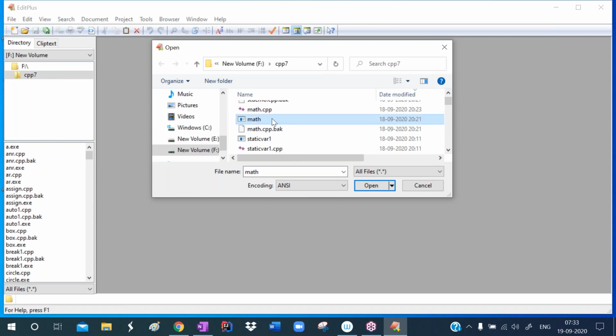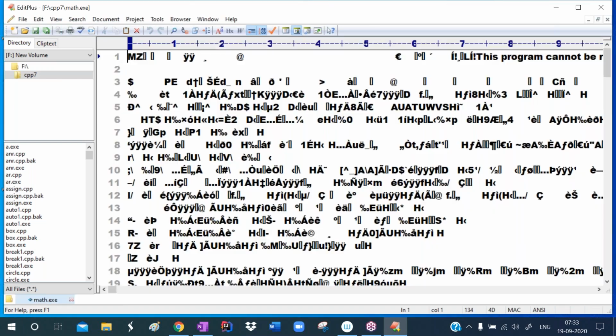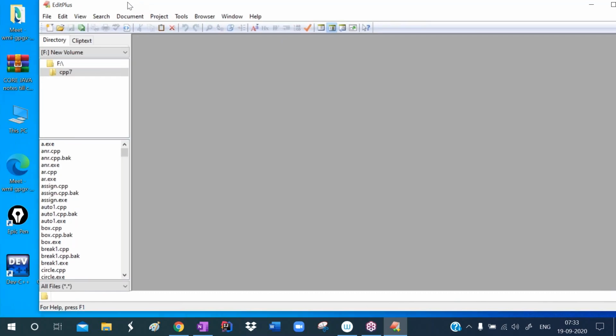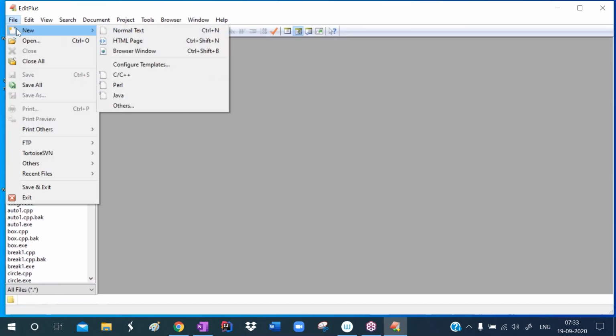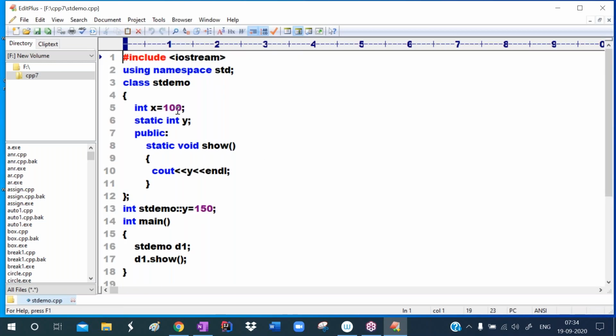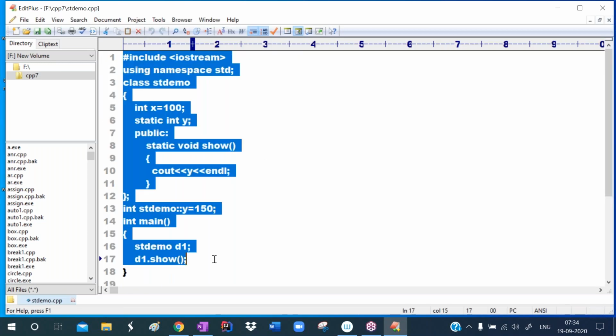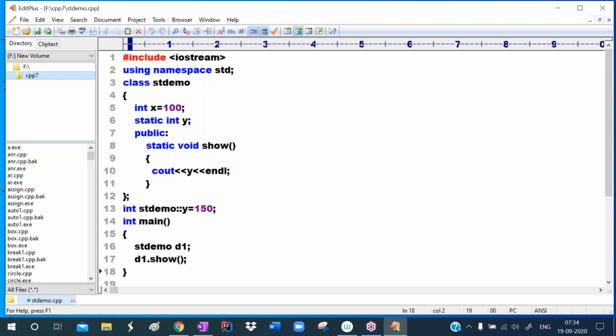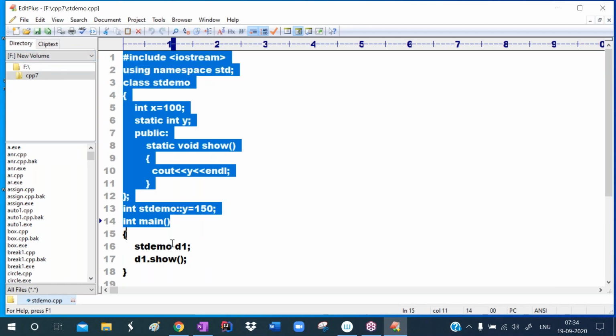Someone is asking about source code examples, so I'm showing the source code examples. See here, this is called a source code. This is one C++ program. We are writing it. This is the CPP program.